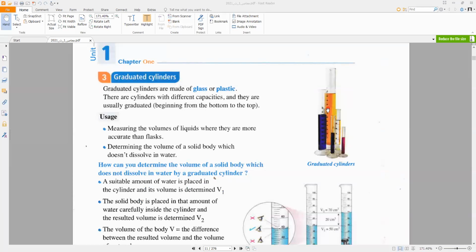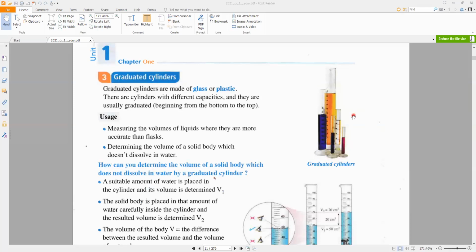What are the uses of the graduated cylinder? It is used in measuring the volume of liquid accurately, not approximately like a beaker.